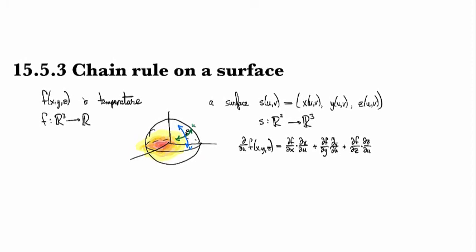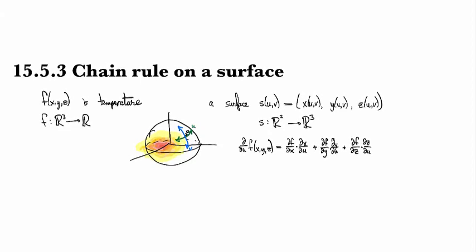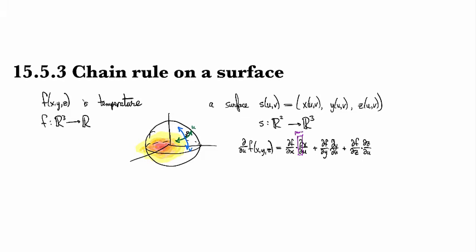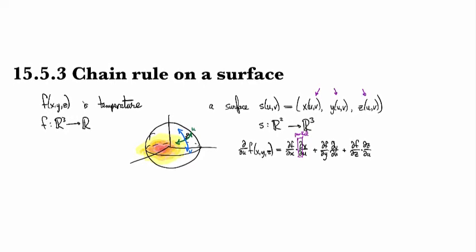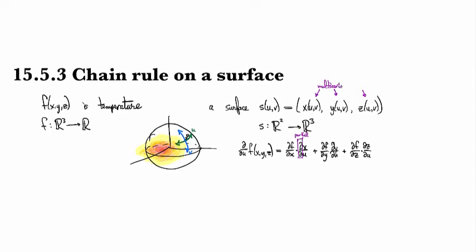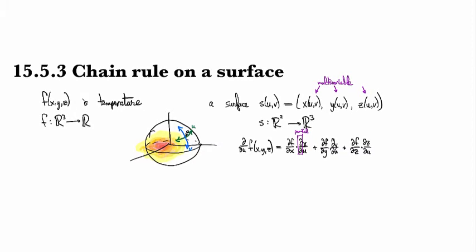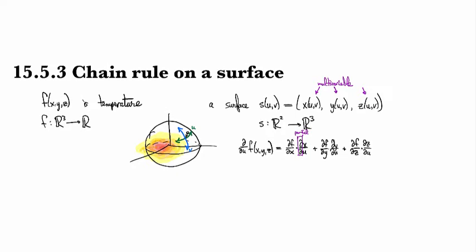Now the only difference from what I wrote for curves previously is that now you notice that these are the curly d's because they are partial, because x and y and z are now each multivariable functions. So when we take the derivative with respect to u or v, those are actually partial derivatives. But that's just a notational thing. It doesn't really mean anything significant.